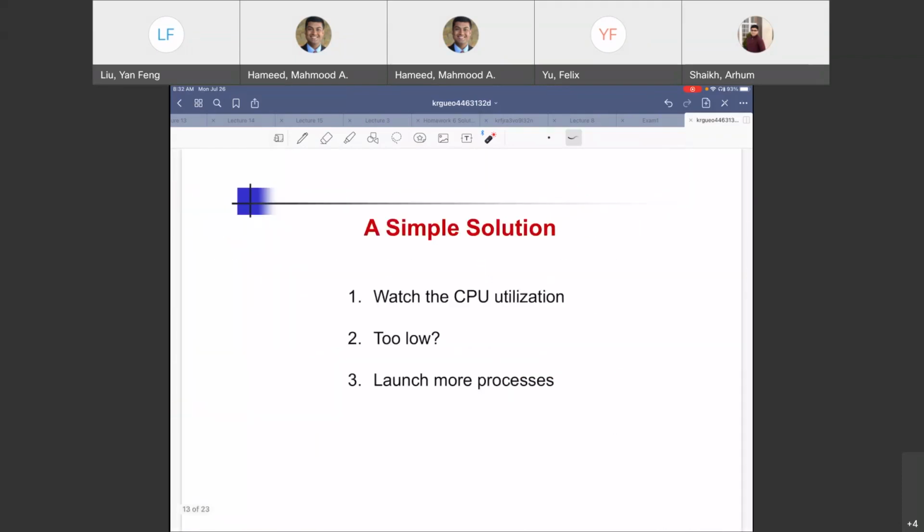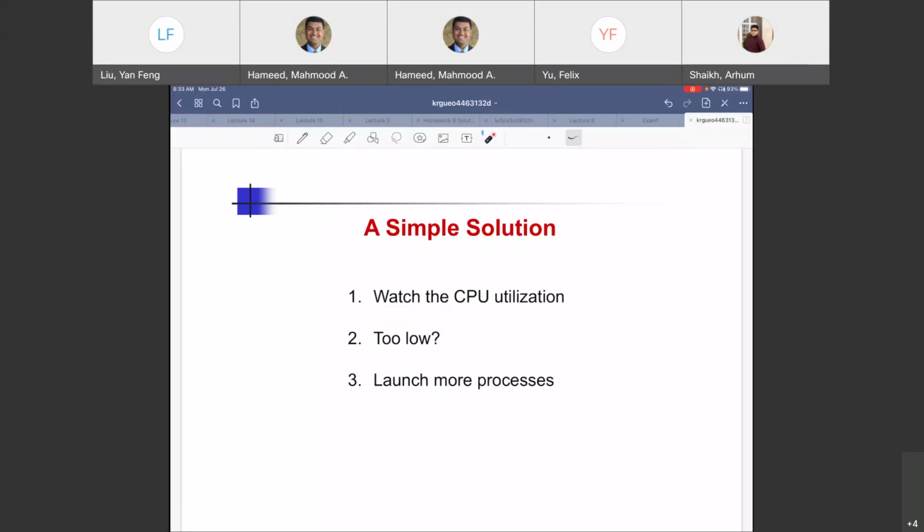Let's move on and talk about a simple solution. The simple solution is to observe, monitor, and watch the CPU utilization. How much is your workhorse working for you? If the CPU utilization is low, increase the number of processes. When you launch more processes, you're saying, CPU, if you cannot work on process 0 or process 1, I will give you 3 more options to work on so that you are busy.